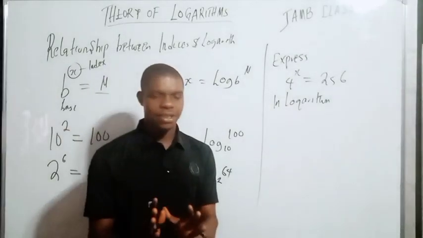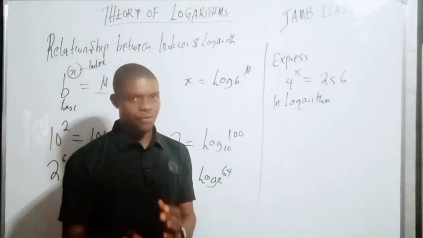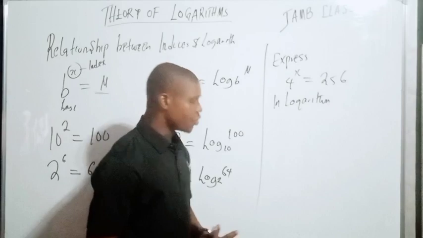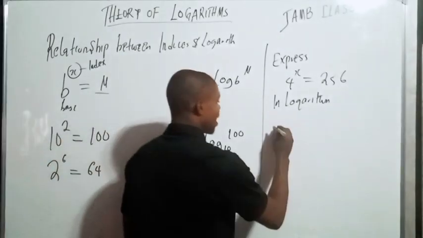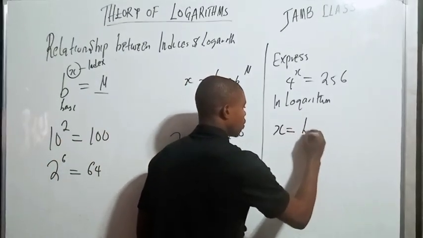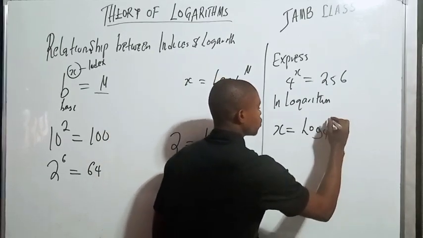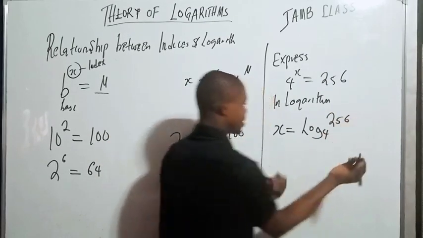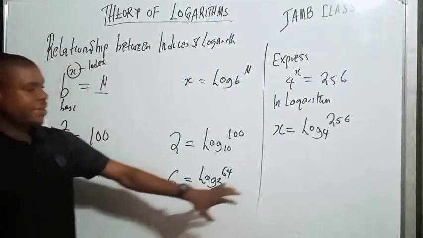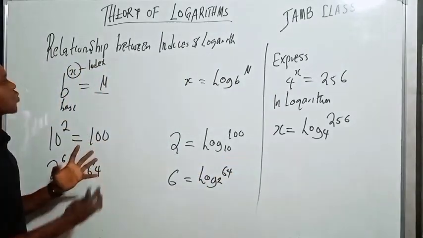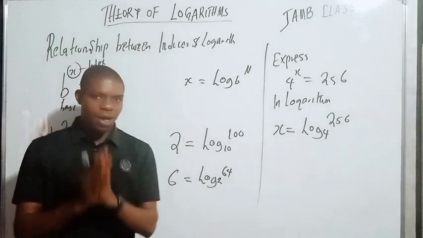It's very easy. You can go ahead and try it if you can get the answer. So let's do it together. It's going to be x equals log, base 4, of 256. That is it. This is the relation between indices and logarithm.